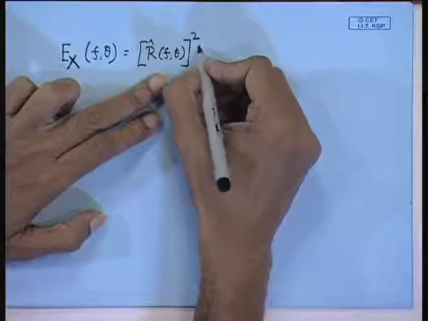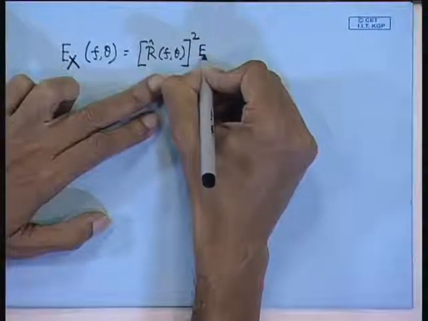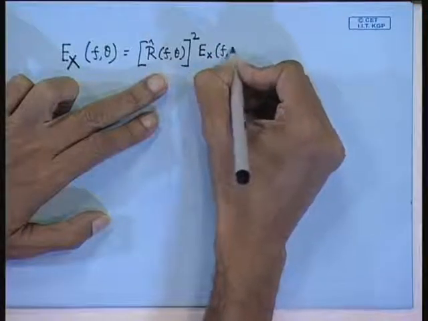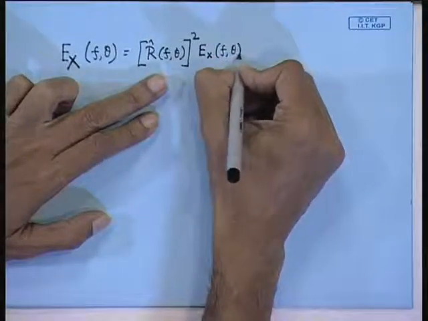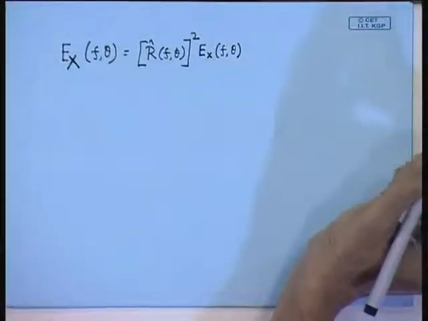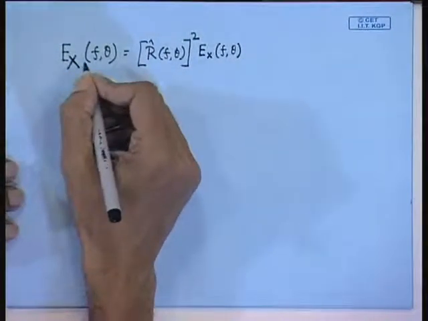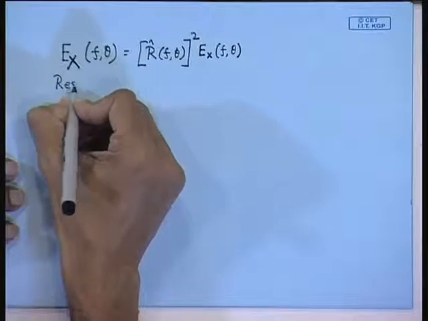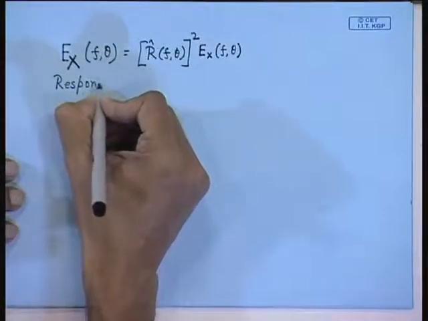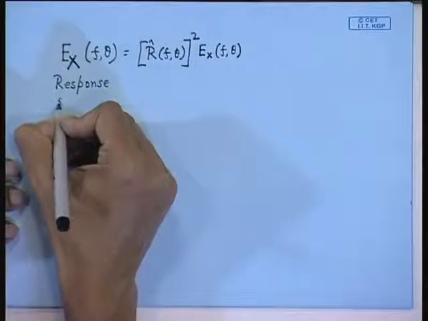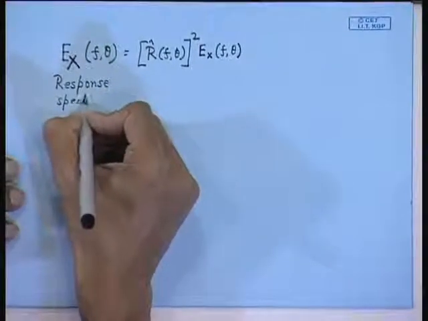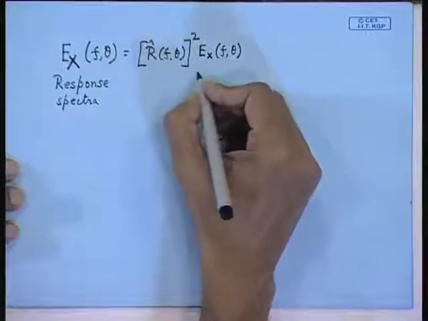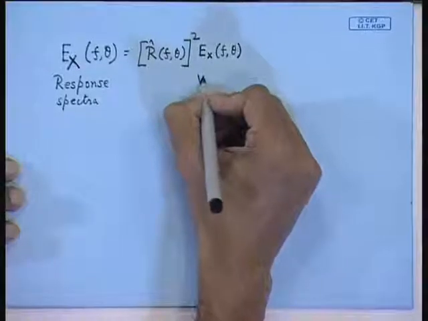So, Ex will be your wave, but then you have to introduce the direction, f theta, for your wave direction spectra. So, this is your response. This is wave direction spectra.